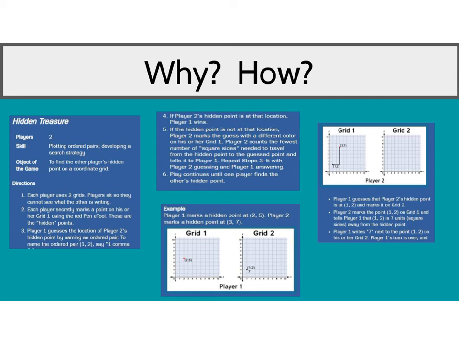So we have an example here. Down here, player 1 marks a hidden point at 2, 5. That's how we would say that. Notice that they marked it in red, so you can just choose a special color for yourself and mark it. Player 2 marks a hidden point at 3, 7.